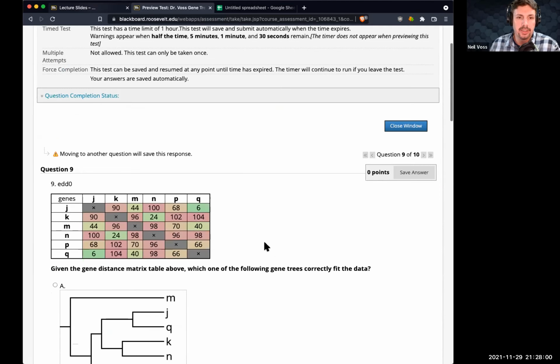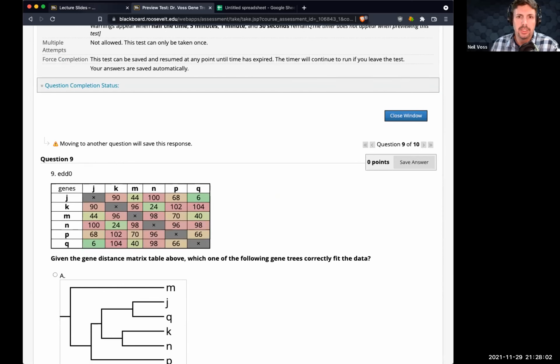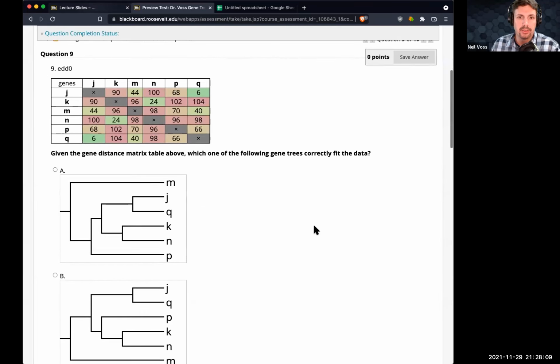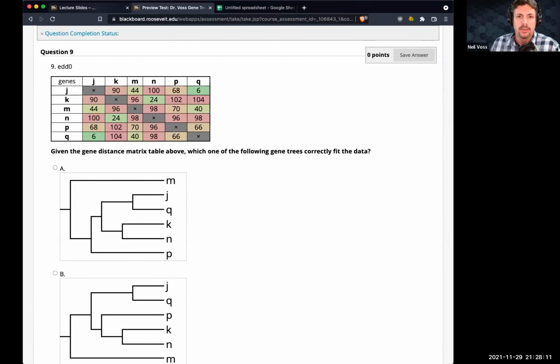Next. All right, here we are. So two more. Obviously Q and J. I'm going to scroll down a little bit more. It's nice to have a little bit of white space. So Q and J are connected first. Okay. What's my next lowest number?